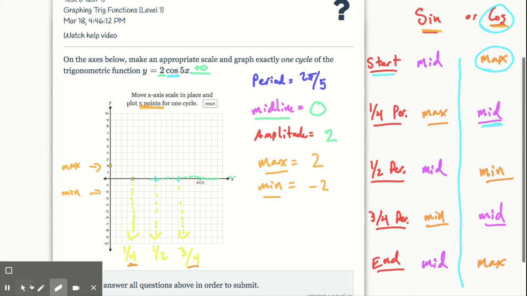Okay. What next? Cosine then proceeds on to the minimum, which we know is at -2 on the y-axis, right? So let's find -2, and now we're 8 grid lines in because that's halfway through our 16 grid line period. Where to next?